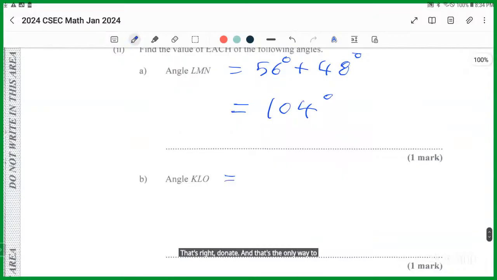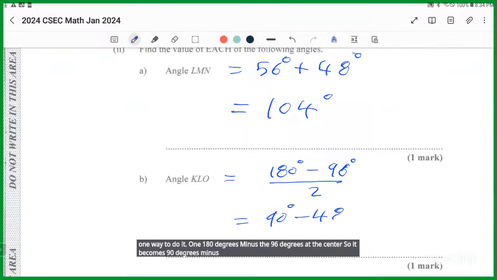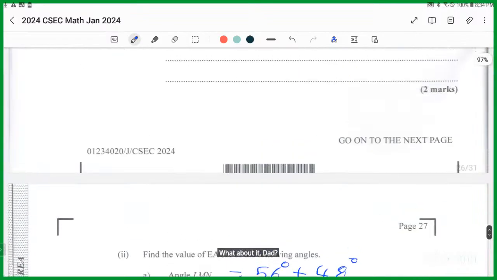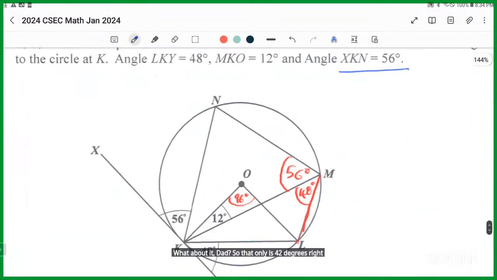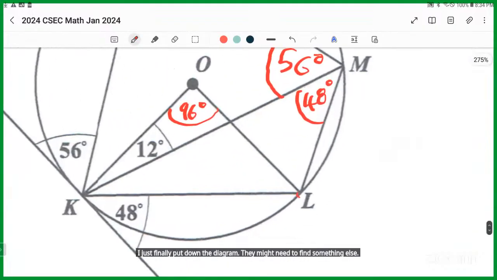Remember, it's never one way to do it. 180 degrees minus the 96 degrees at the center, and divide that by 2. So it becomes 90 degrees minus 48 degrees, which is how much? 42 degrees. So that angle is 42 degrees right here. Let's put it on the diagram. I might need it to find something else. So this angle right here is 42 degrees.